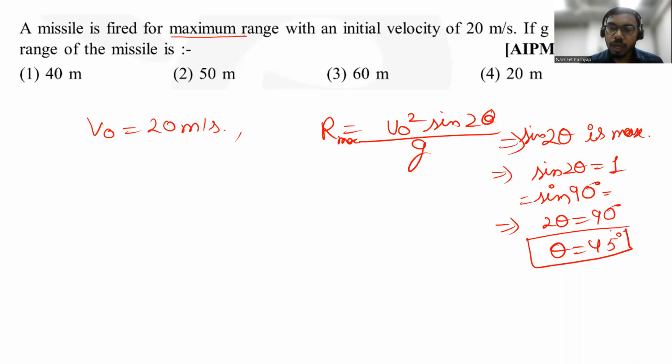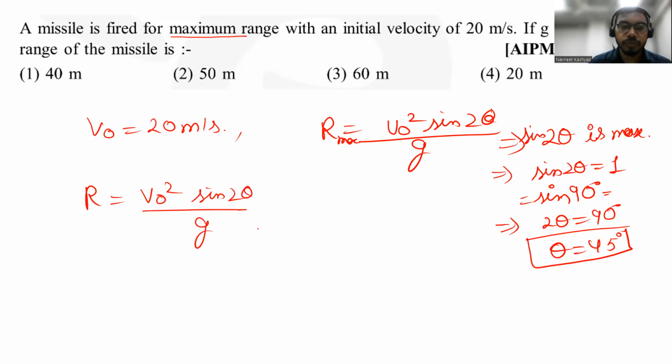So this is also a condition that we always have to remember. The maximum horizontal range is always obtained when the angle of projection is 45 degrees. So these questions also clear the concepts. Now let's just find the value. Now it's just simple calculation. V naught square sine 2 theta by g.